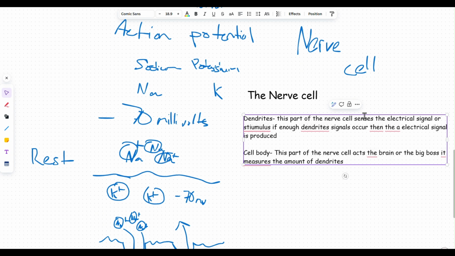Remember how we said neurotransmitters are chemicals? There's a small electrical difference which causes the cell body to say, hey, something's not normal, we're going to send a signal, which is around negative 55 millivolts. That's the threshold potential. It also holds the nucleus.